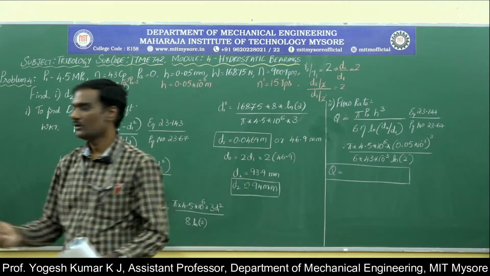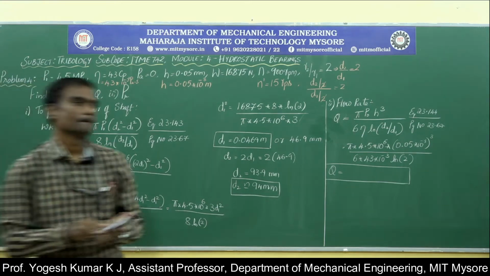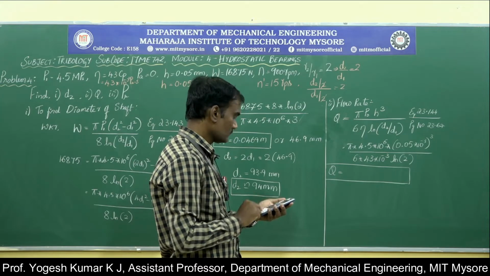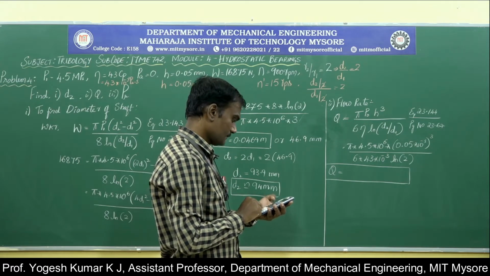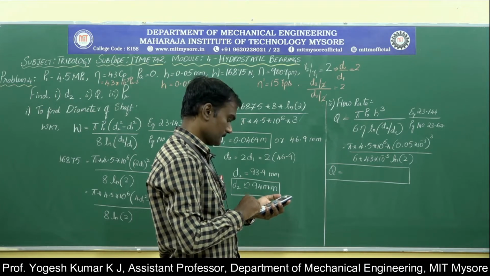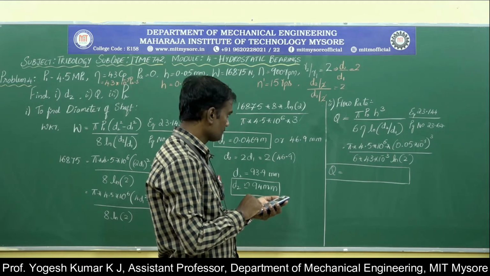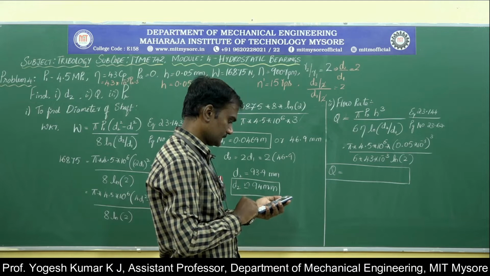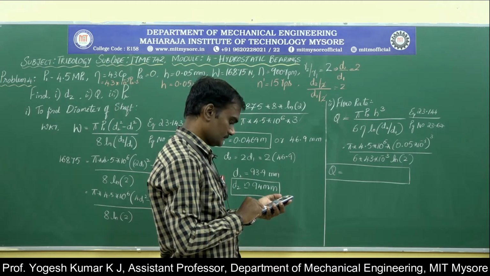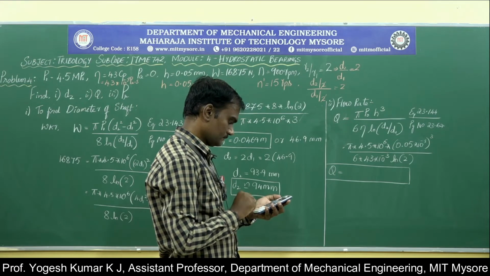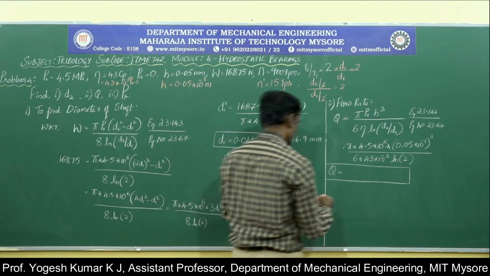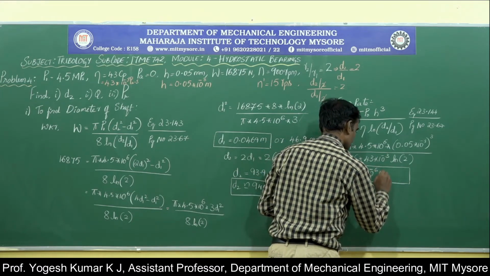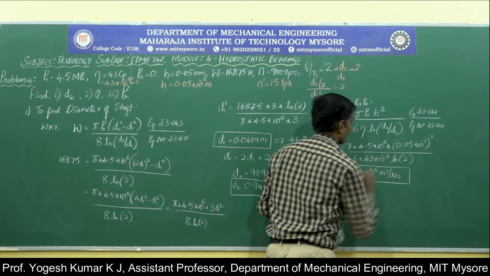Solve this to get the value of the flow rate. So we get it as 9.88 into 10 power minus 6 meter cube per second.